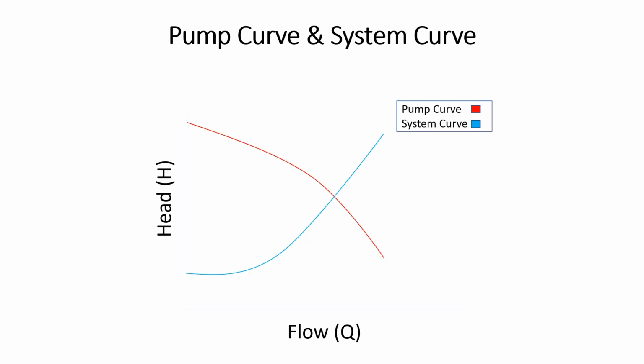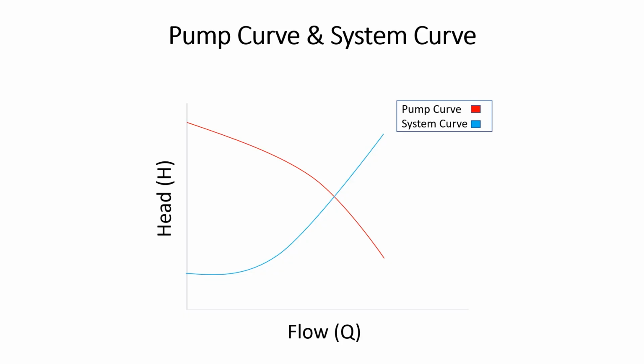We already know that pumps provide sufficient pressure to move the fluid through the system at the desired flow rate. And we use pump curves to know how much head is generated by the pump for a known amount of flow. The pump curve is provided by the pump manufacturer.